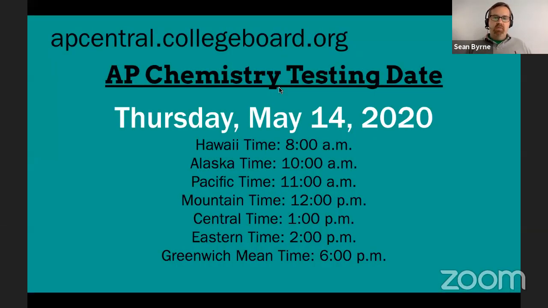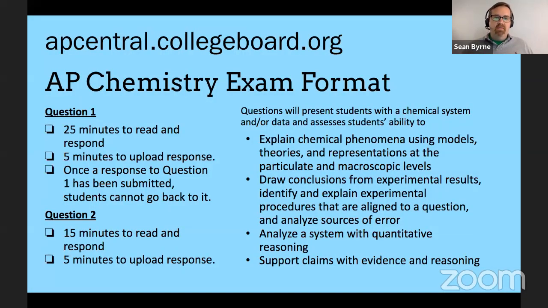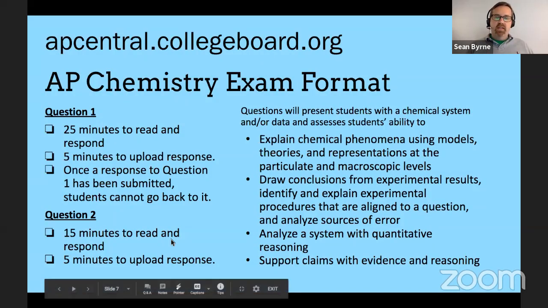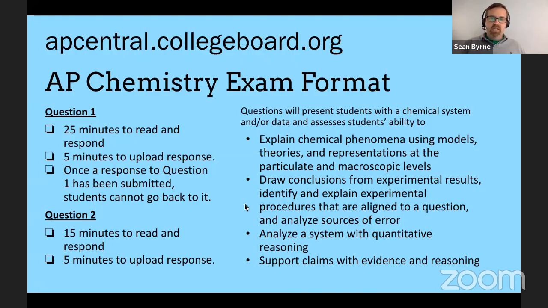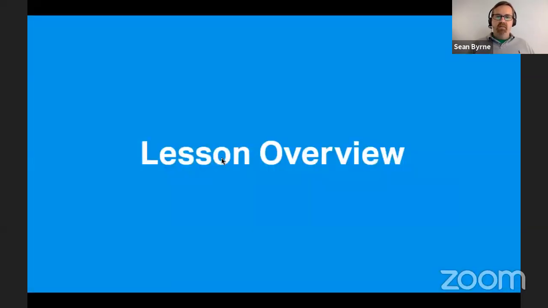Of course, we're all looking forward to Thursday, May 14th, when we're going to all be taking a 45-minute exam on our own devices. It'll be completely free response, and all of the specifics are here on this slide. This is, I imagine, for many of you, a repeat of things that you've seen multiple times before, but go ahead and check it out or go to AP Central for any further questions that you have.